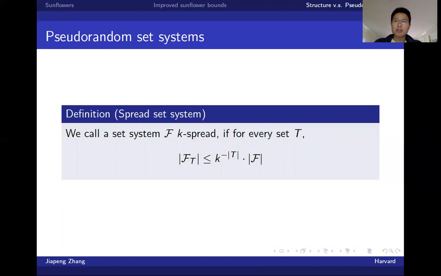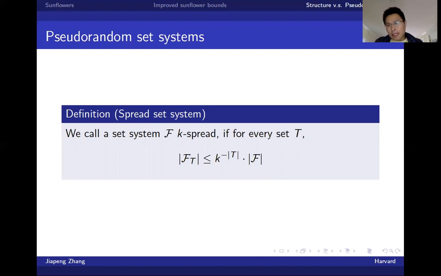Think about disjoint sets. If you have a set system of pairwise disjoint sets, then this is very spread. This is the intuition, and we can also prove this formally.